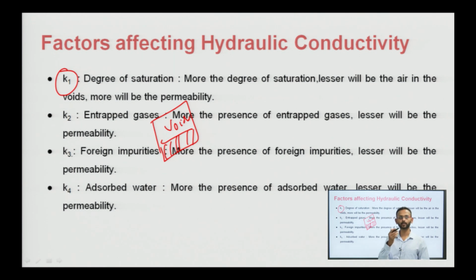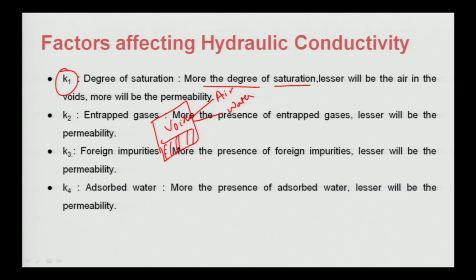Voids will comprise air and water. So, if water is there, it will allow flow, but if air is there in the voids, then it will restrict the water to flow, or it will try to block the way of water.